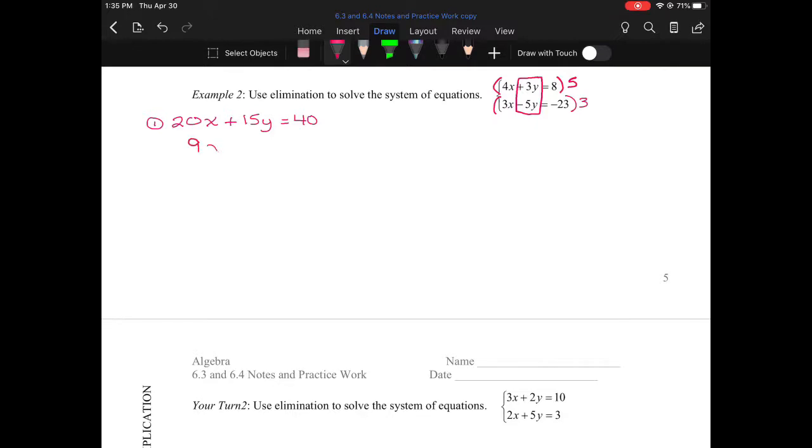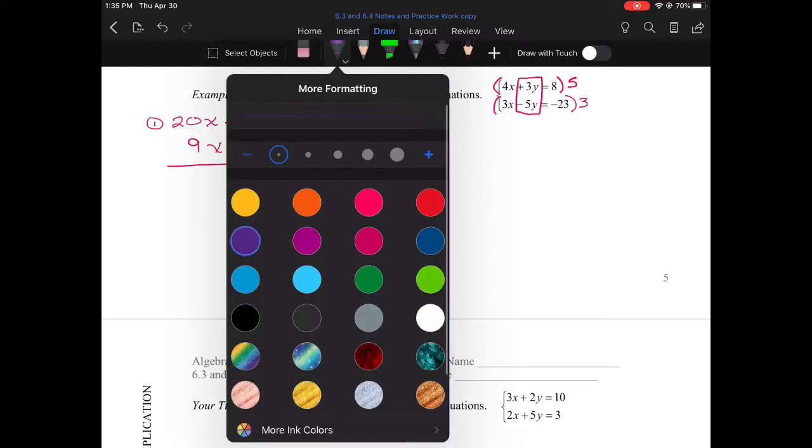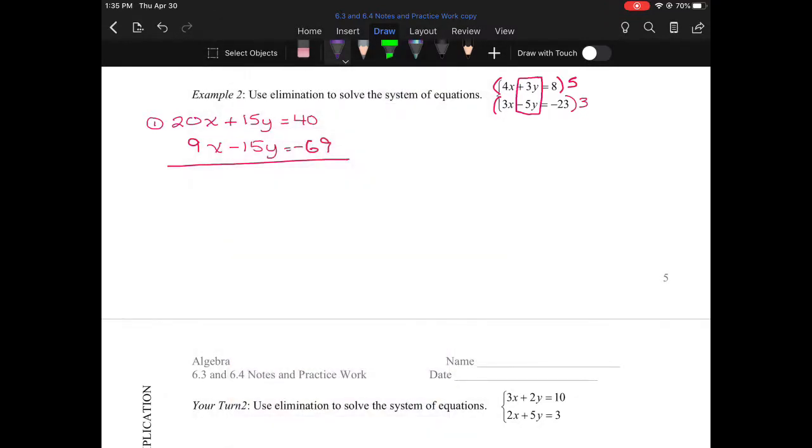My bottom equation will be 9x minus 15y equals negative, let me double check. Yes, negative 69. So now my y values are the opposite of one another, so we are going to add.